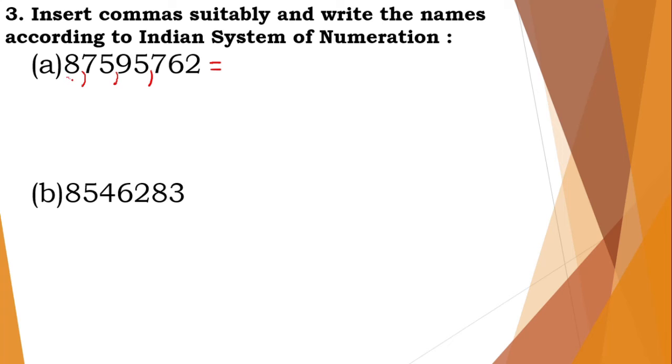So first number which we have is 8. So let's write 8. Now after 8 we should check the digits. So we have 1, 2, 3, 4, 5, 6, 7. So we have 7 digits and 7 zeros we have in crore. So it will be 8 crore.